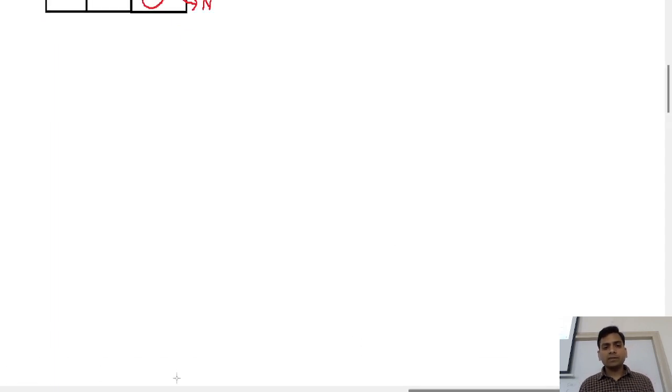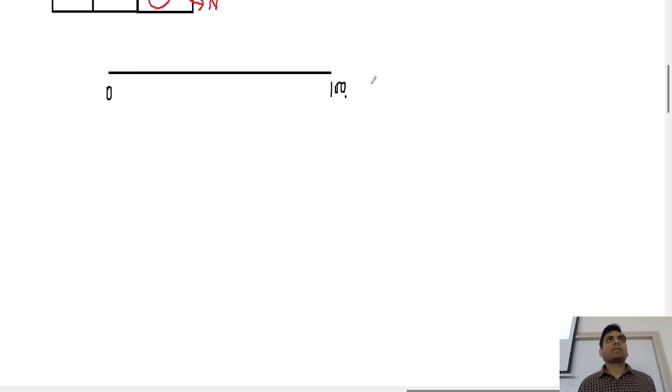So what is median? Median means the mid value of data. Suppose we have data from 0 to 100. The mid value of this data is in the middle, 50. So this is considered as the median.